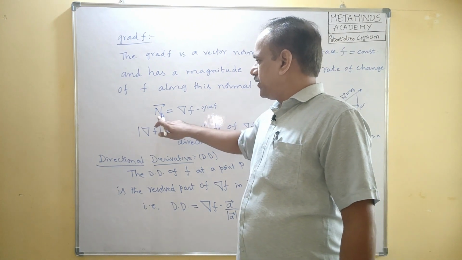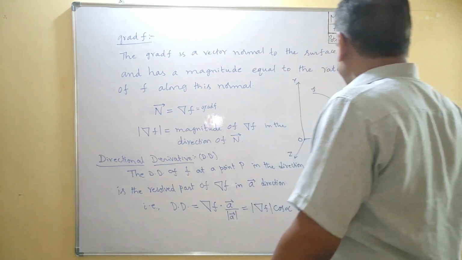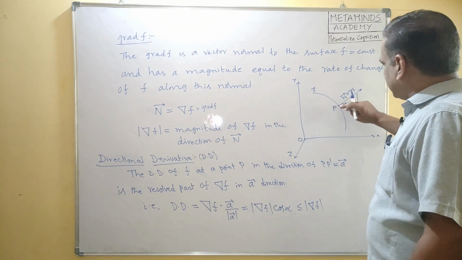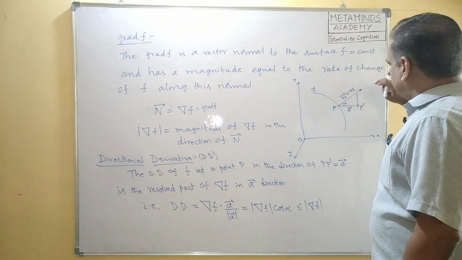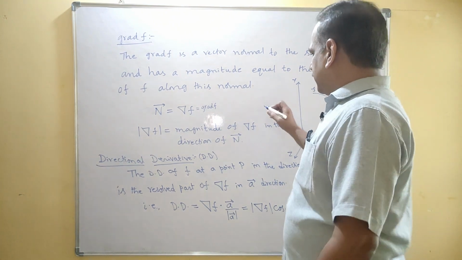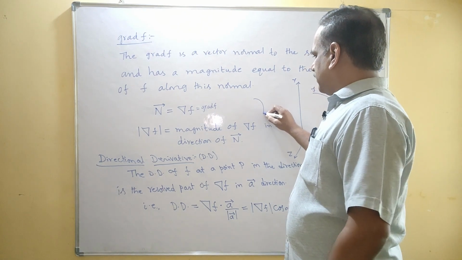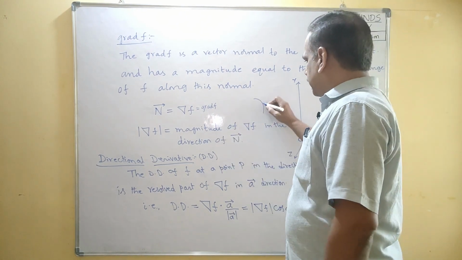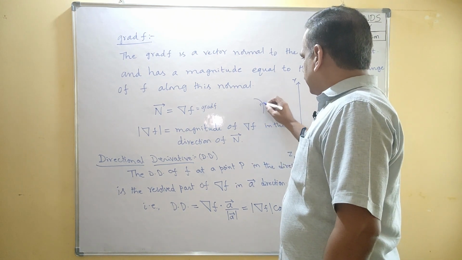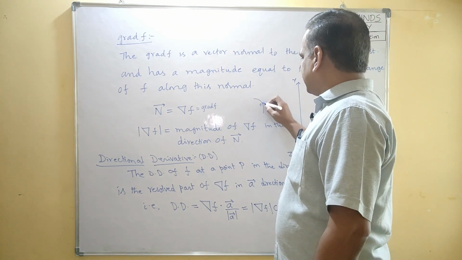You denote it by n bar. It is actually the normal. n bar, or del f, represents the normal to the given surface at any given point P. That means you take a surface, right? You take a point P, whatever point P. So what is the normal? How do you define the normal to the surface?